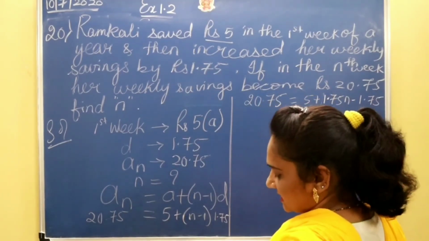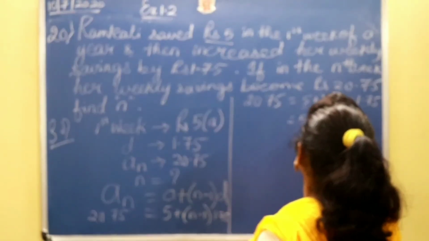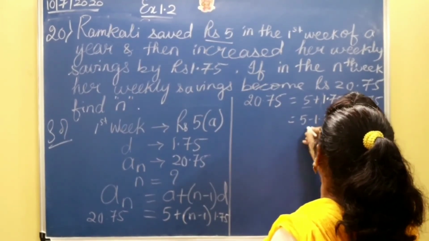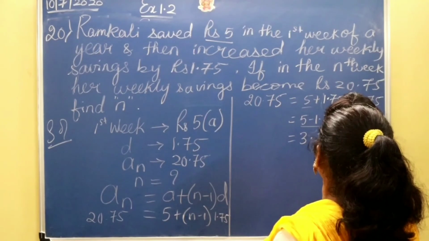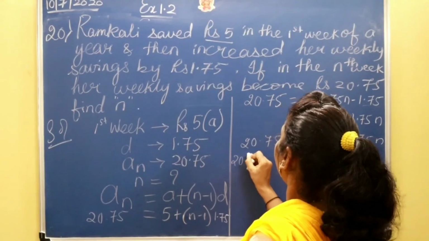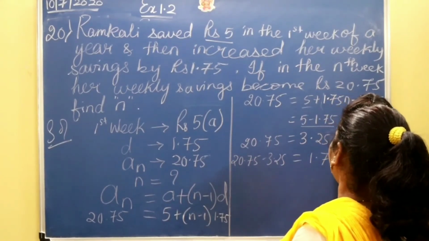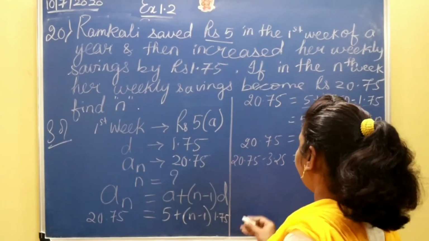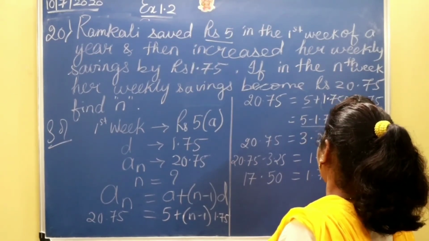So 5 minus 1.75 will give you 3.25 plus 1.75 N. This is 20.75. So you can write 20.75 minus 3.25 is equal to 1.75 N. 20.75 minus 3.25 will give you 17.50 equal to 1.75 N.